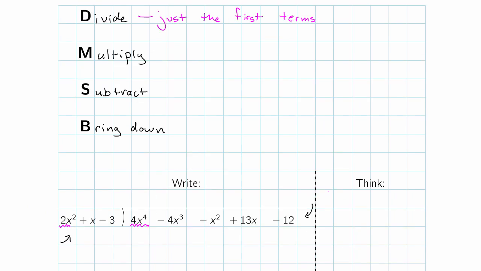We'll take 4x to the fourth divided by 2x squared. Well, we've got 4 divided by 2 is 2. X to the fourth divided by x squared is x squared. So the first term in our quotient is going to be 2x squared.